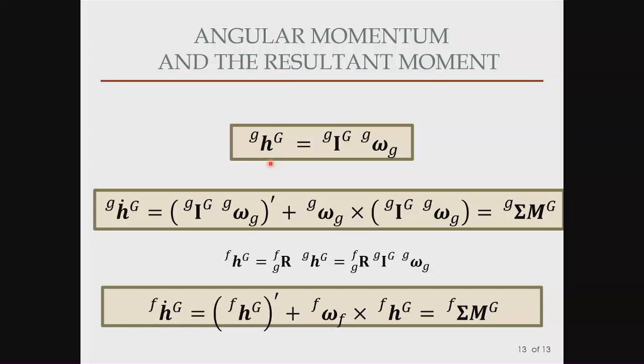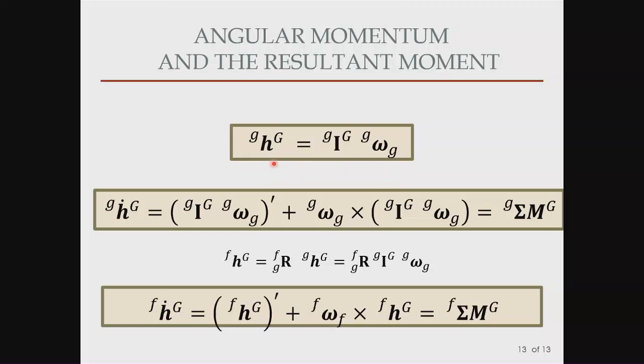Okay, now this is angular momentum of some rigid body. So when I say it is equal to I omega, again, omega is of the rigid body. Okay?